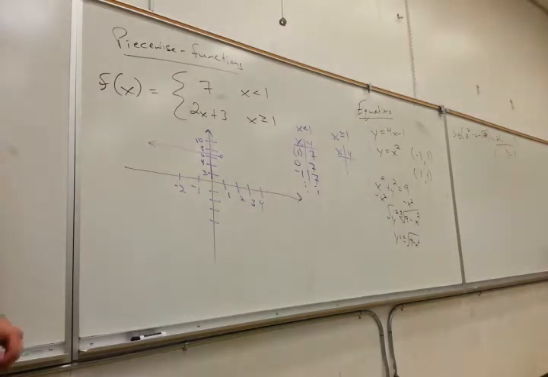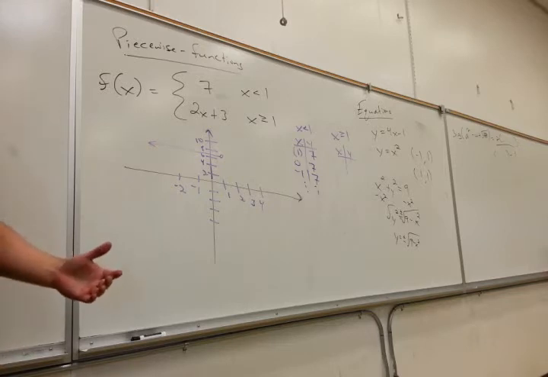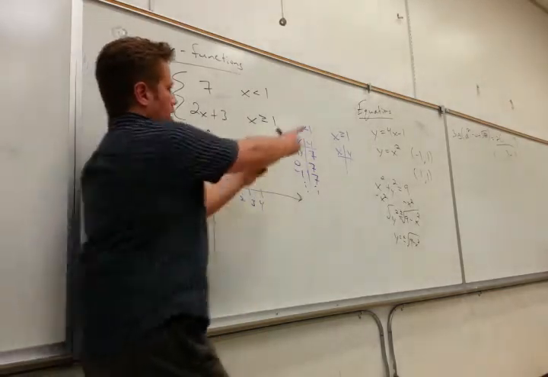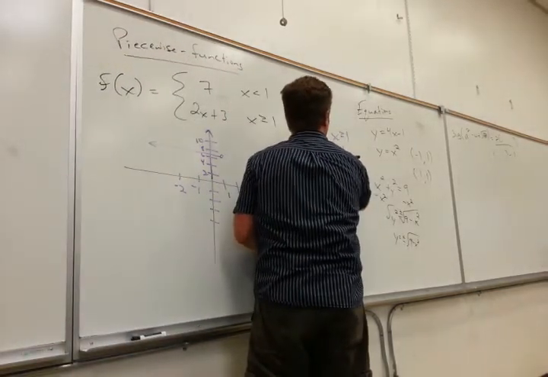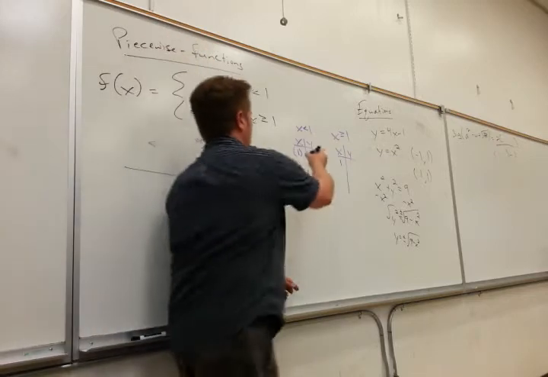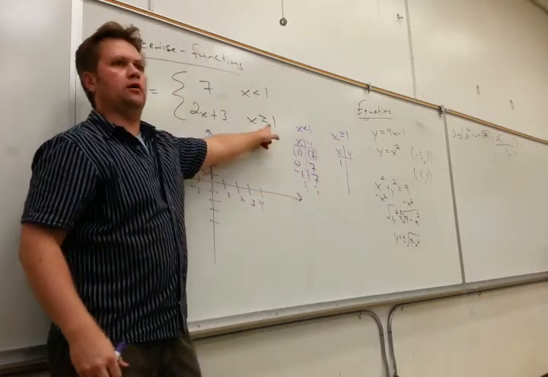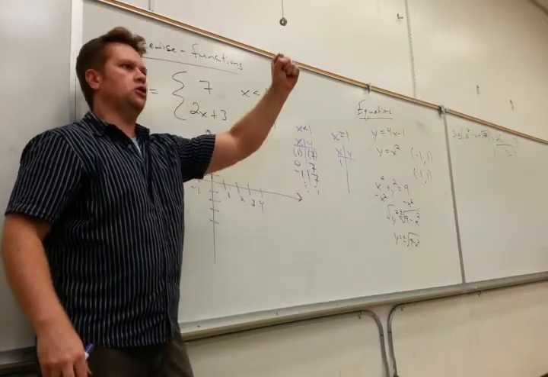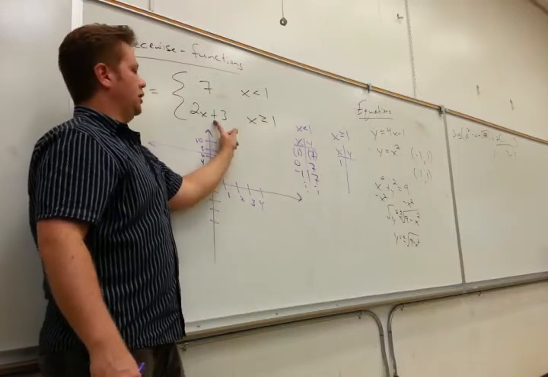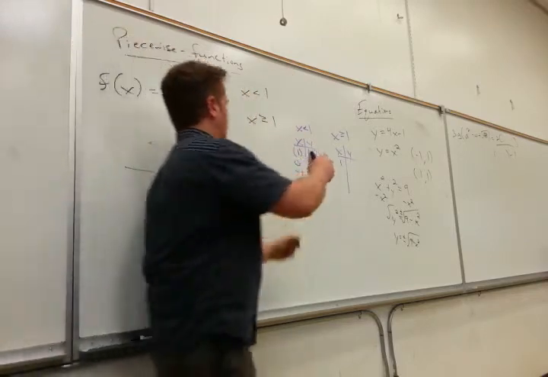Okay. And then right at 1, what takes over? 2x plus 3. Yeah, this guy. So now I make the table starting at 1. I don't have to put a parenthesis around it because I'm allowed to be at 1, so I'm going to put a closed circle there. When I plug a 1 in here, I get 5.